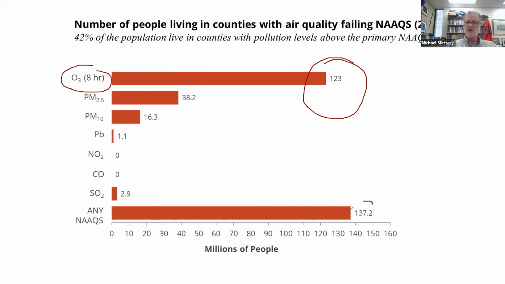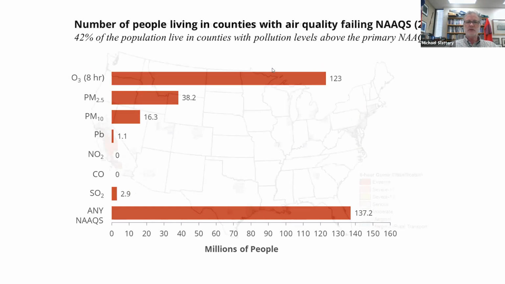And you can see, of the 137 million, not quite a third, but a large chunk of people in the US live in air that is compromised, and that is almost exclusively due to ozone. Yes, we've got some suspended fine particles and some suspended coarser particles, but for lead, nitrogen, carbon monoxide, SO2, we've done a remarkable job. Ozone remains the biggest challenge, for sure.